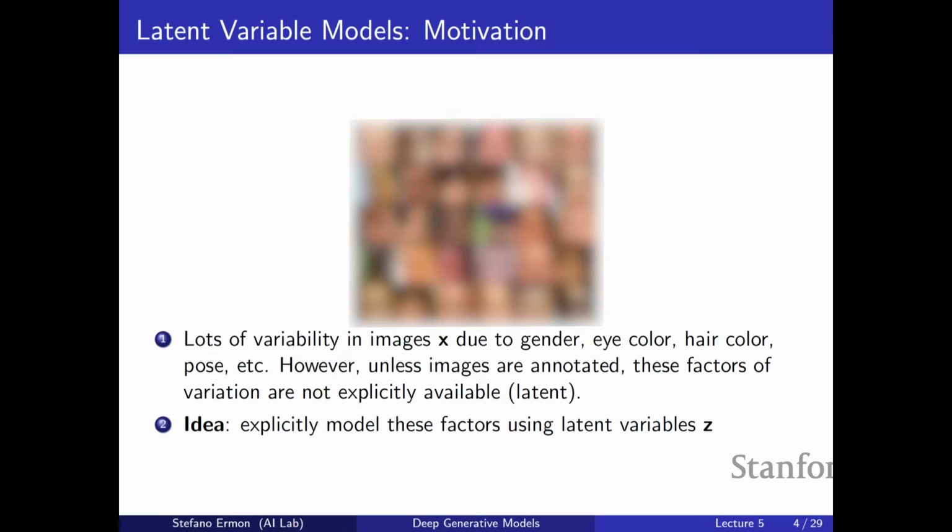Even though we only care about modeling pixels in the images, we're going to incorporate a bunch of other random variables in our model. We call these random variables latent or hidden because they are not observed in the data set. We only get to see the pixel values, the X part, but we don't get to see the corresponding values for the latent factors of variation.